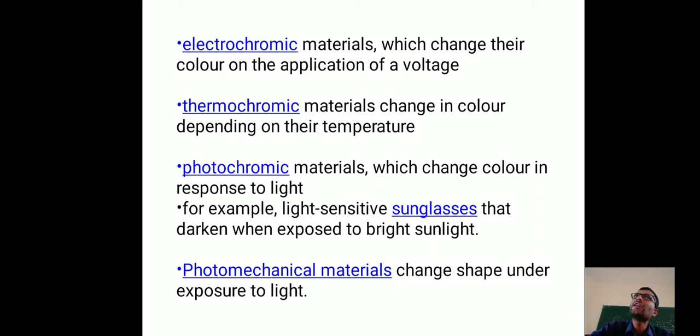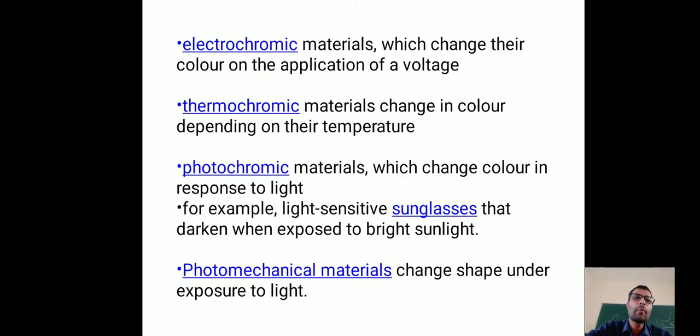So due to the light, these glasses take a dark color. Correct? So it is called photochromic. Due to the light rays, color changes. The example familiar to us is sunglasses. Means due to the light rays, the color of these glasses changes.